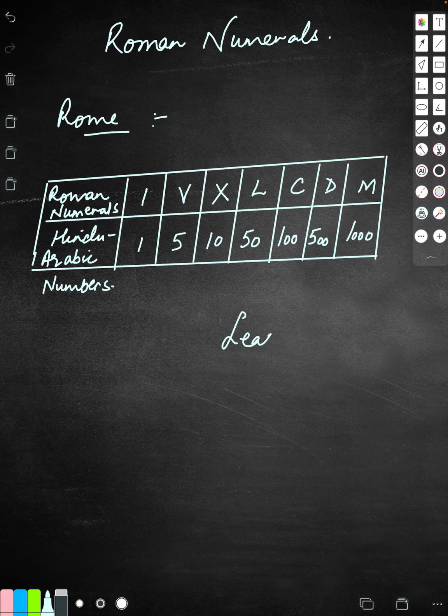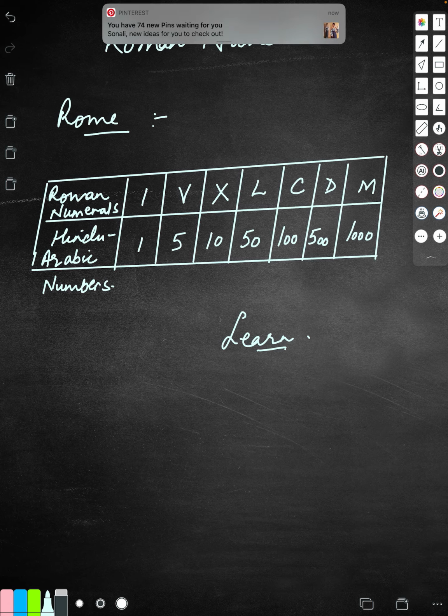Children, to do these sums, we have to learn this. Sums in the sense, to read the Roman numerals. We should know the value. Before we proceed, children, let me tell you, the Roman numeral system has very little use in India. It has landed up as a beautification symbol.